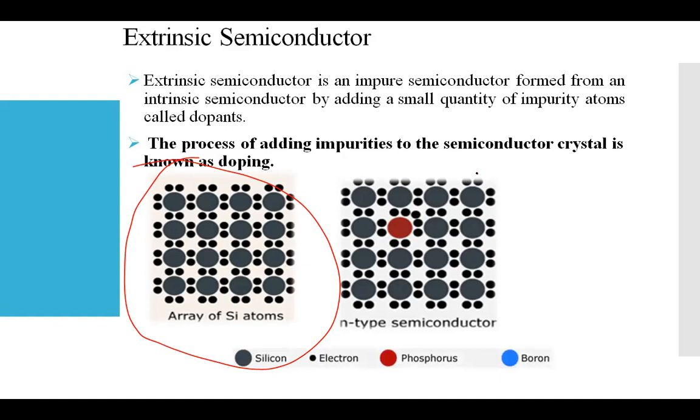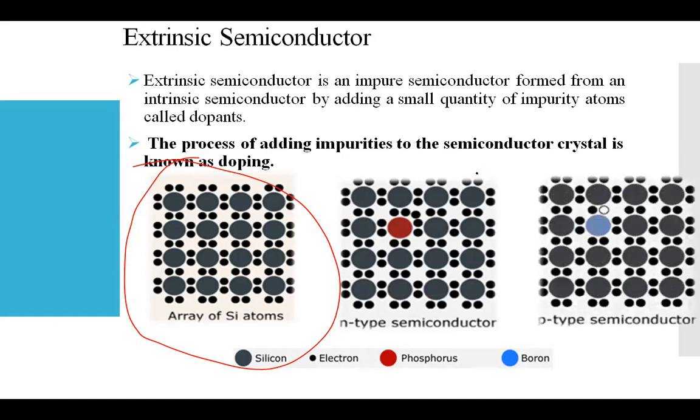The gray color is the silicon, the dot is black colored with the electron. The phosphorus is in red color, and the boron, which has three electrons in the valence shell, is given here, and one hole is represented. So the p-type and n-type structures are also represented in this diagram, and all of this is the extrinsic semiconductor material.